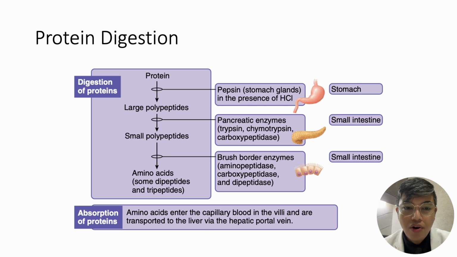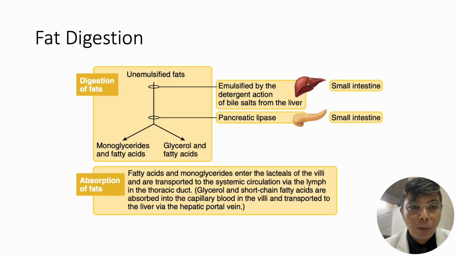Now, paano naman si fats? In your fats, yung unemulsified fats, ito yung sariwa. Halimbawa, kumain ka ng lechon or crispy pata, so mamantika talaga. So, makikita mo si iyong gallbladder will release the bile so that it can be emulsified. Then, once yung ating emulsified fats will now be in contact with your pancreatic lipase.